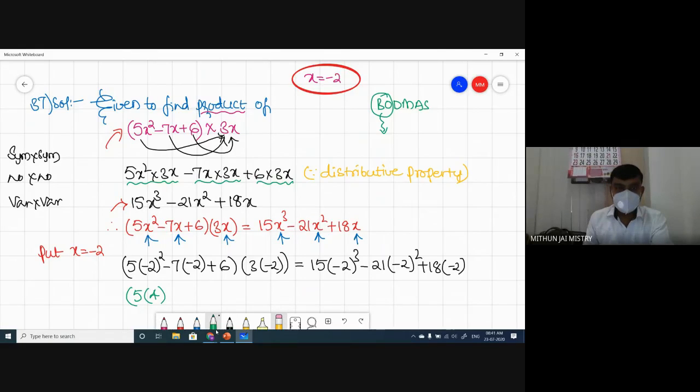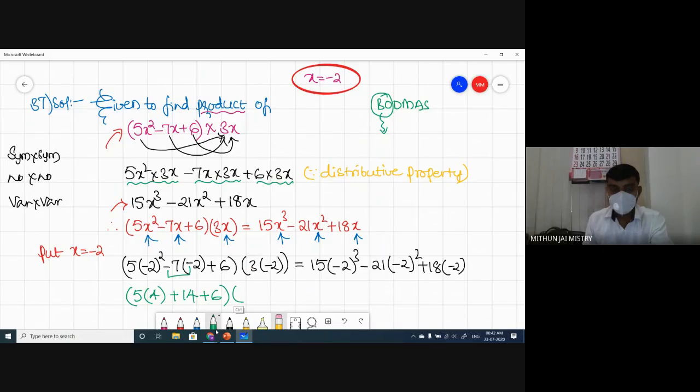Then after that, directly we can multiply. Minus into minus is plus. 7 twos are 14, right? So plus 14. And then we have plus 6, the next term plus 6. So that's over. And here what happens? Here nothing is there, means plus. So plus into minus. Got it? So plus minus will be minus.